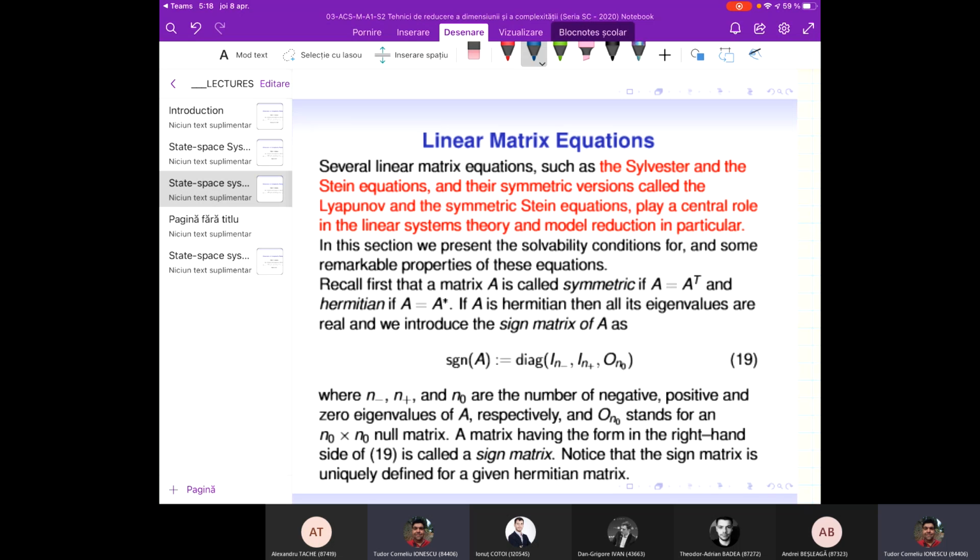If the matrices appear at power 2, at square, then they become Riccati matrix equations, and you come across Riccati equations in the robust control course. No, you don't have to follow it now. Sorry, probably some of you followed it last year before graduation. Some of you who were at B1.